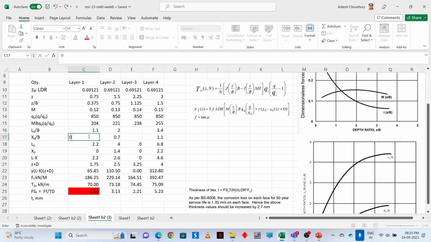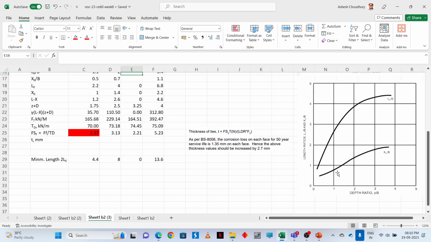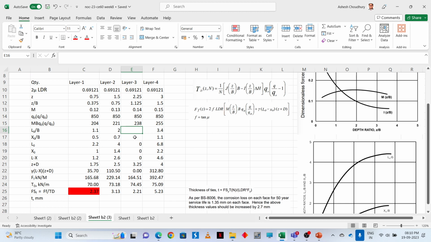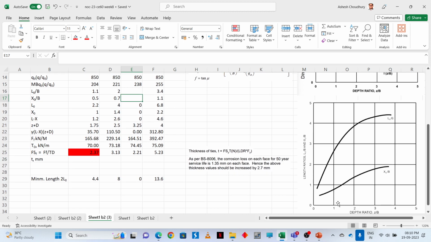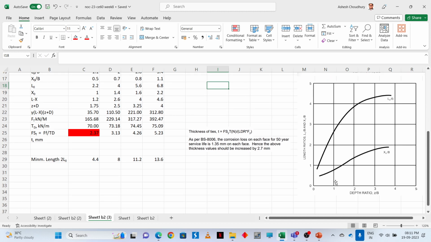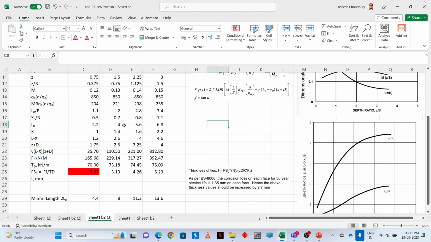For 1.5, how much? 0.75. Then 0.8. So this is 0.8, approximately, just I'm taking. Okay. So L naught I got.